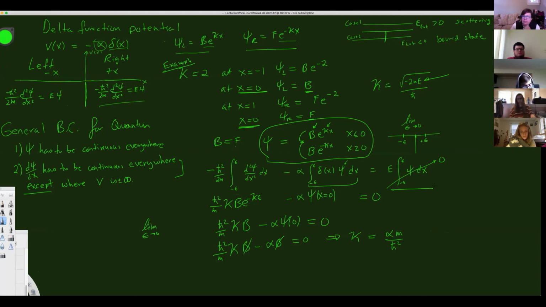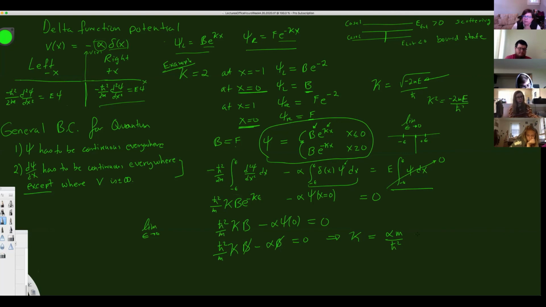From up here, I know that kappa squared is minus 2mE over h bar squared. So I can stick in kappa squared here and solve for E. Sorry, I should have given myself a little more room. I'm going to erase this so you can see what kappa squared is. I'll write it up here. Kappa squared is minus 2mE over h bar squared.